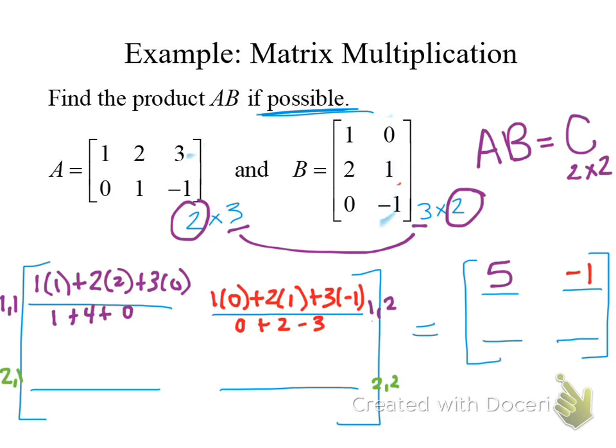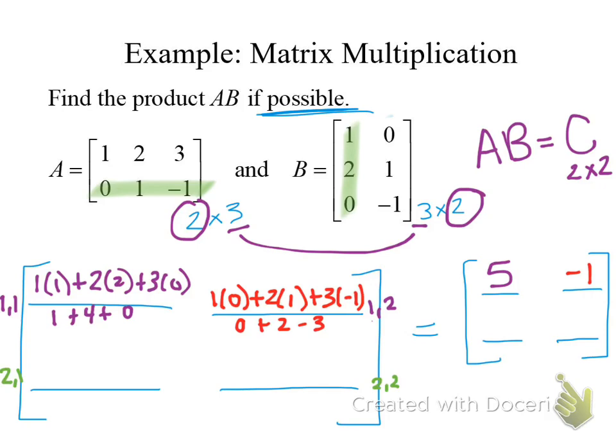I'm not going to underline this time, but I will highlight. I do think it's easier to highlight or hide with your finger when you're writing them down because sometimes it is hard to figure out what am I using, what am I not using. So for this first one, I'm using the second row, first column.